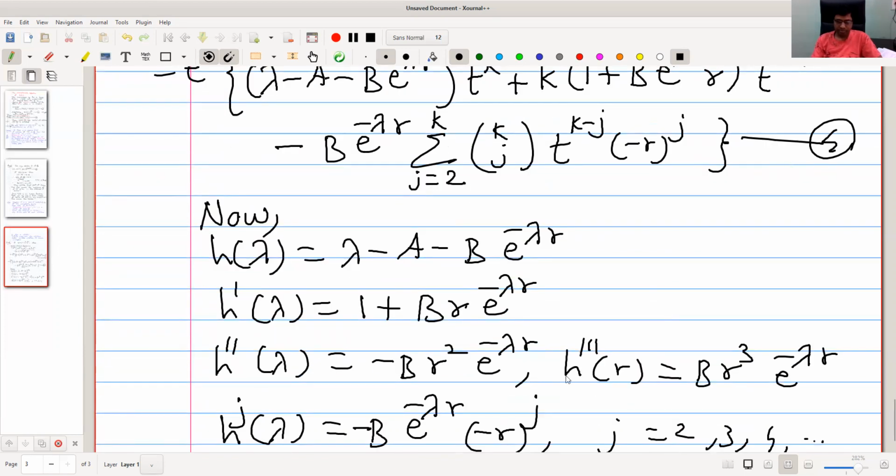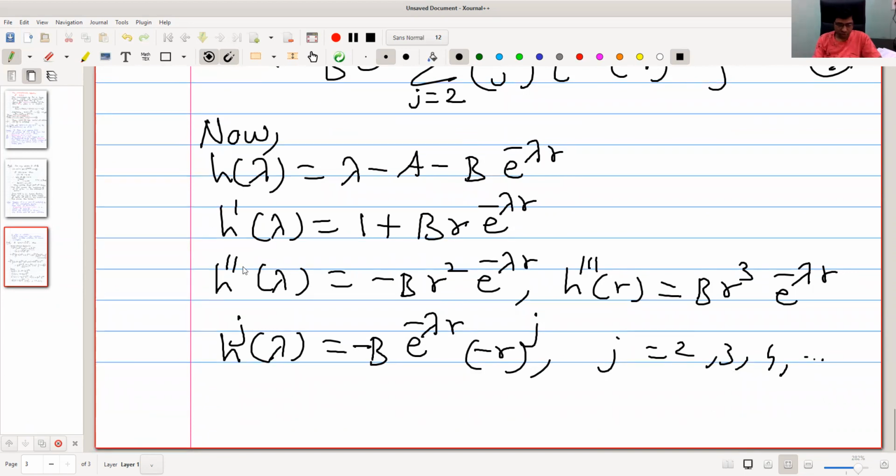This term, minus b e raised to minus lambda r into minus r raised to j, is nothing but the jth derivative of h at lambda. Sorry, this j should be in round bracket, so jth derivative.